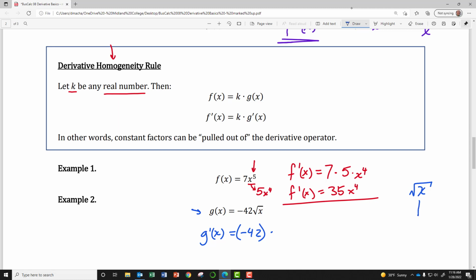Well, if I take the derivative of square root x, which we've done before, it's like taking the derivative of x to the 1/2 power. So this is going to be 1/2 x to the negative 1/2, or you might write it as 1 over 2 square root x.